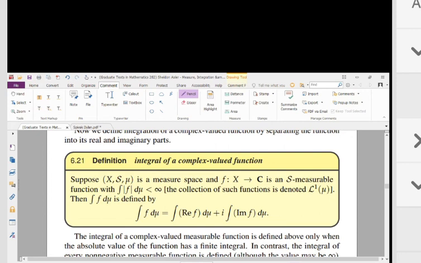Then the integral of f is defined by this. This is the Lebesgue integral of f with respect to mu. This integral equals the integral of the real part plus i times the integral of the imaginary part.